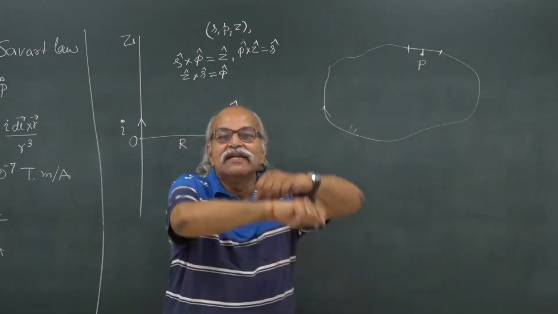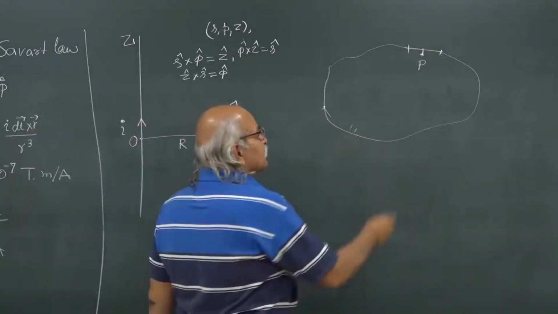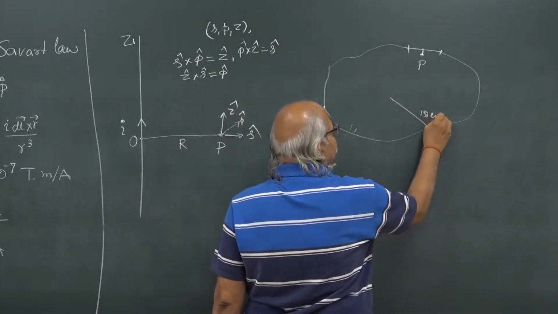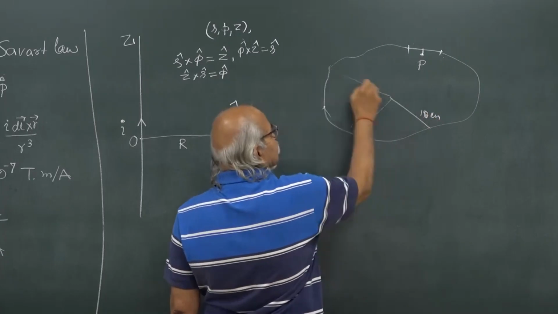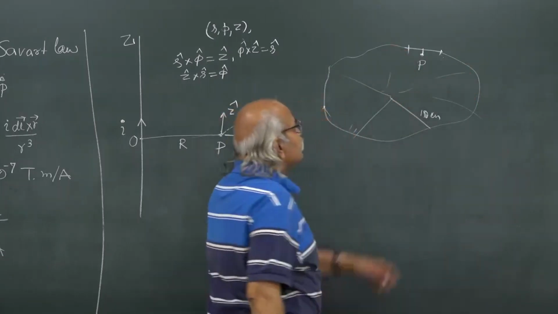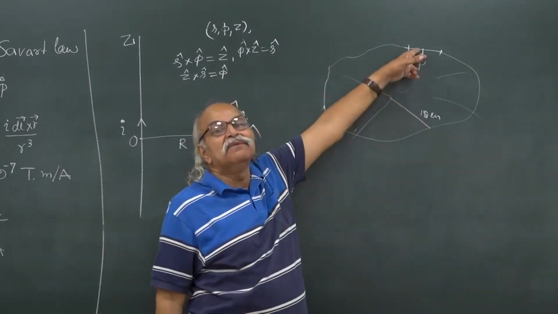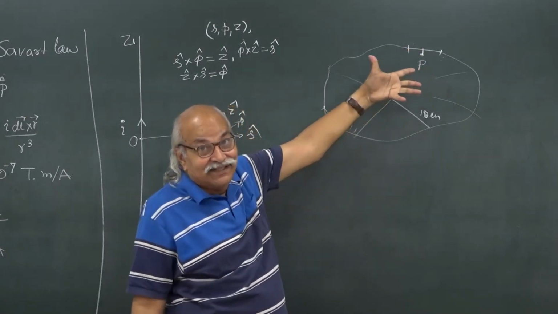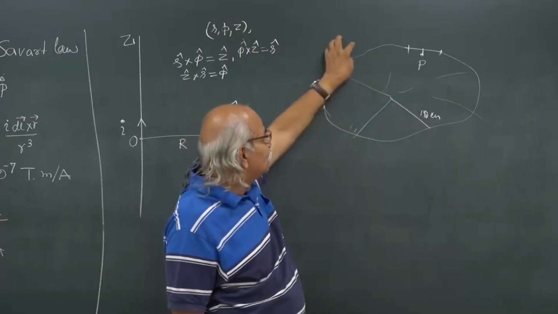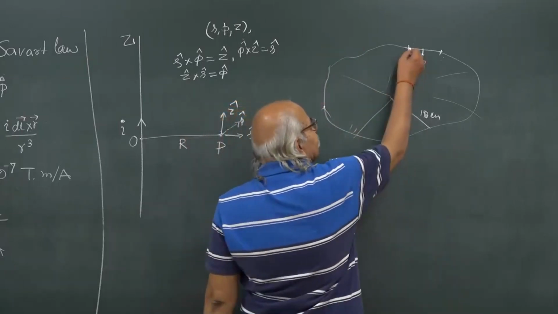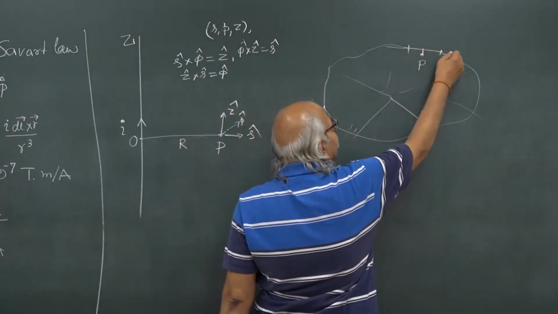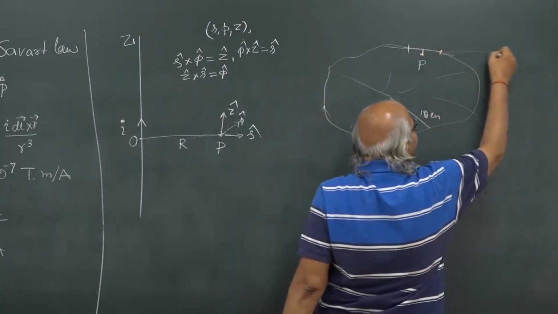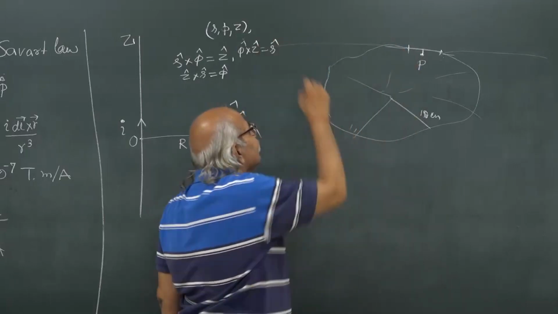Typically, if your circuit is a few centimeters, 10 or 15 centimeters, and this is 3-4 millimeters, then you can neglect all these other things.